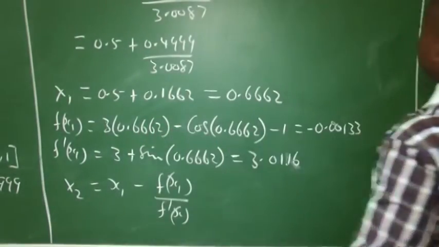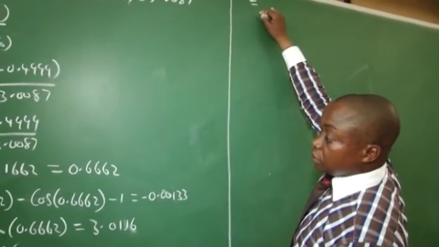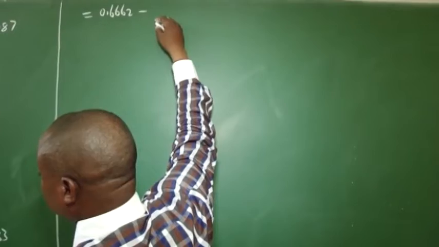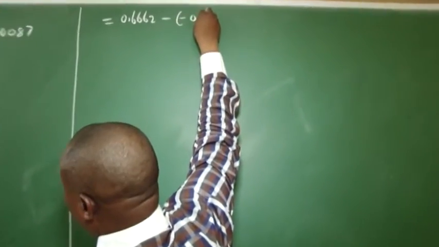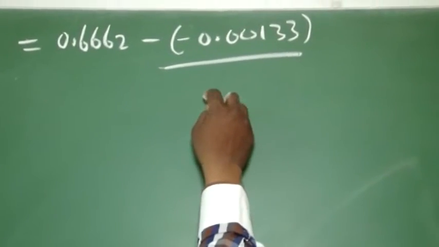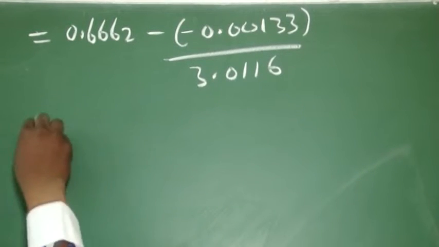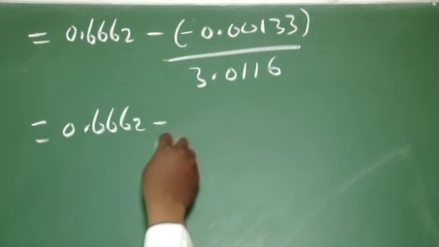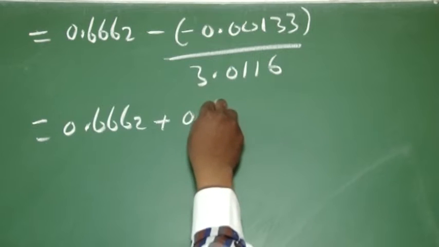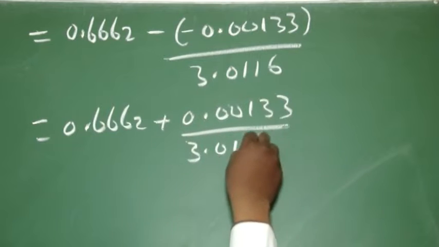And that gives us x1, which is 0.6662, minus f of x1, which is minus 0.00133, over f prime of x1, which is 3.0116. So 0.6662 plus, this time minus times minus is plus, 0.00133 over 3.0116.